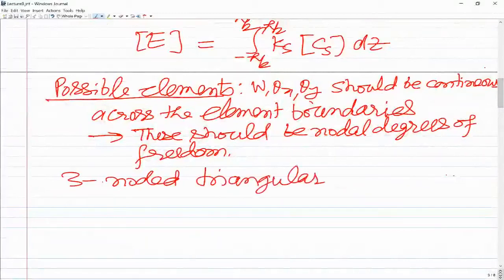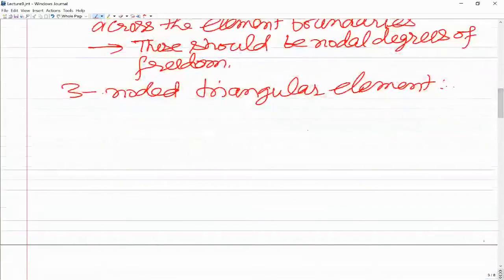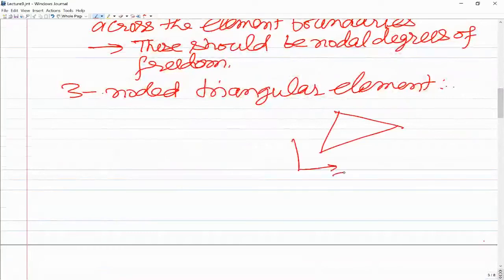If you look at the triangular element, with coordinates x y here, this is the first node, this is the second node, and let us say this is the third node, and the coordinates are x1 y1, x2 y2, and x3 y3.